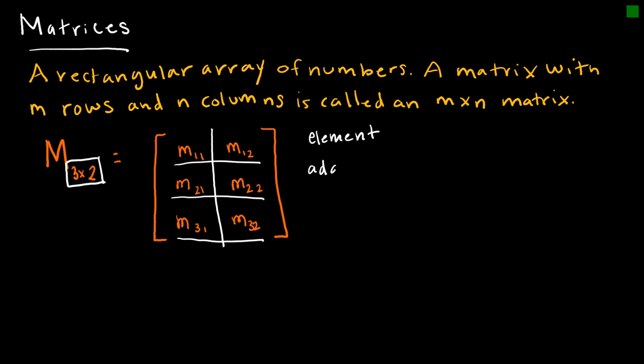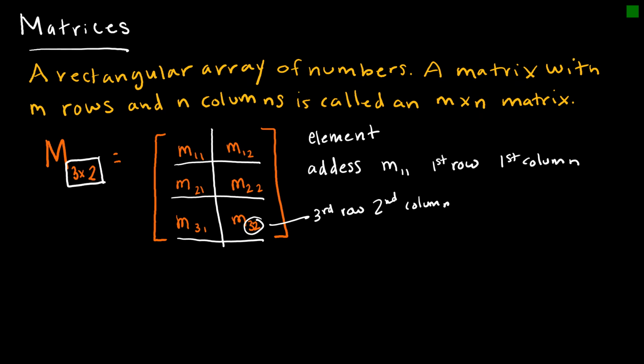The address of each item inside of the matrix, for instance, M11, tells me that this value is in the first row, first column. So you can see, looking at M32, that is third row, second column. So it's always rows by columns.